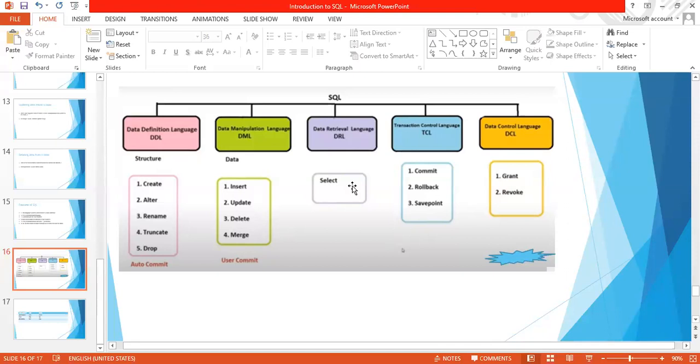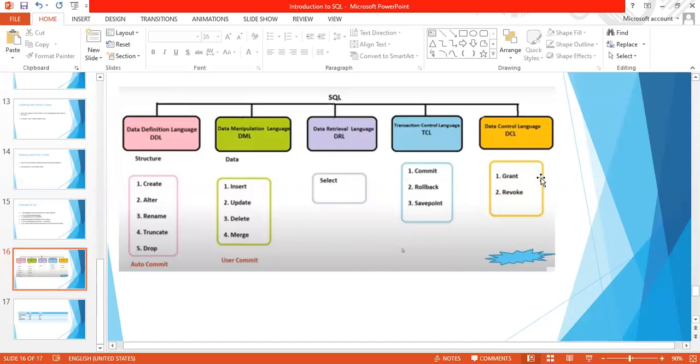For that, I have to retrieve, that is, fetch the data from the database. To see the data stored in my table, I will be using a select command. We will discuss that once again in the coming sessions, once we get into the practical things.